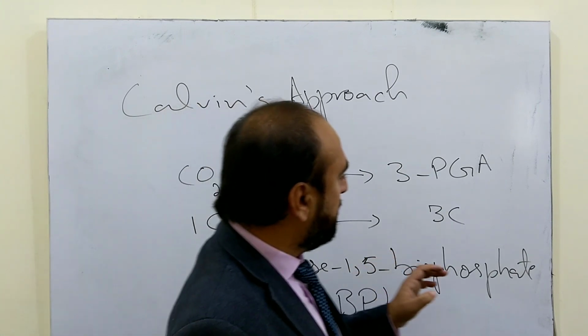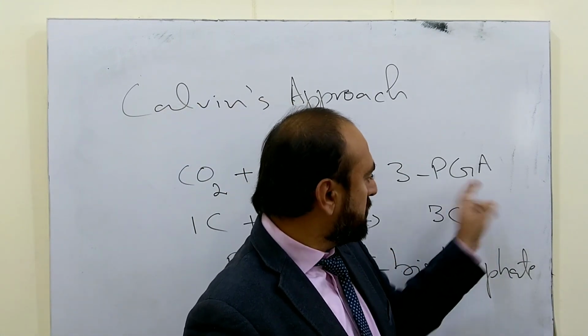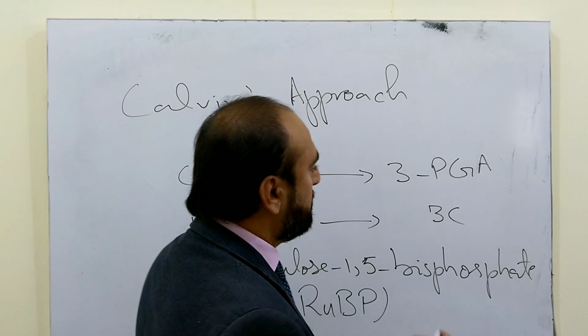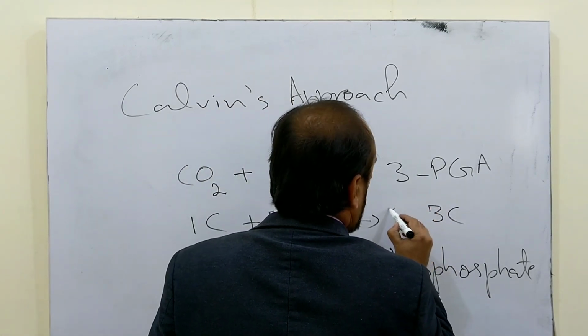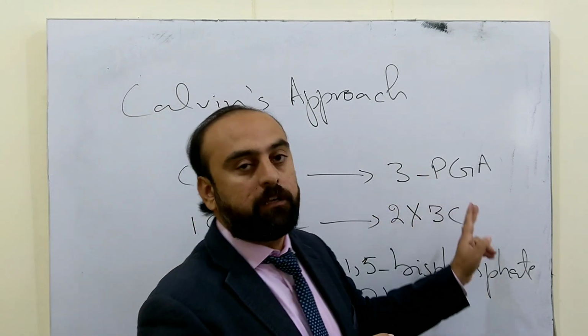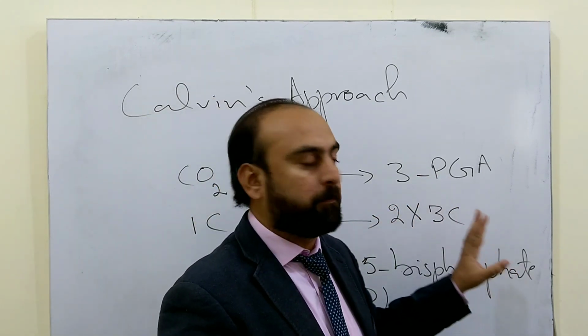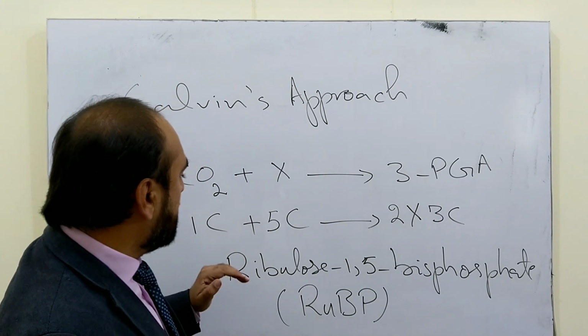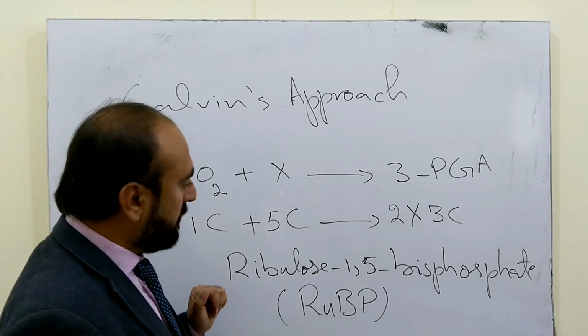And instead of one molecule of phosphoglycerate, actually 2 molecules of 3-carbon sugar are formed in the first reaction of photosynthesis.